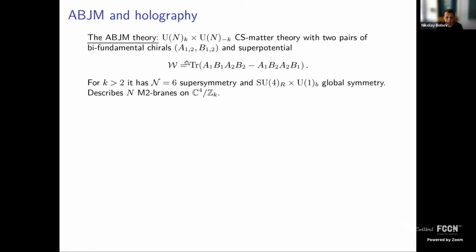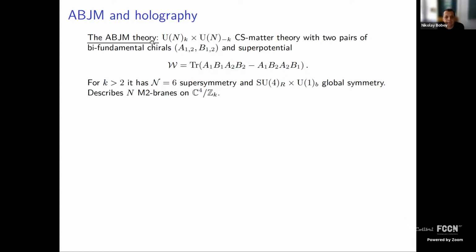Now the superpotential is given here, and if k is bigger than 2, the theory has N=6 supersymmetry. For k equals 1 and 2, special things happen with the spectrum of local operators. There are these monopole operators that are light when k is 1 or 2, and you actually have an enhancement to N=8 supersymmetry.